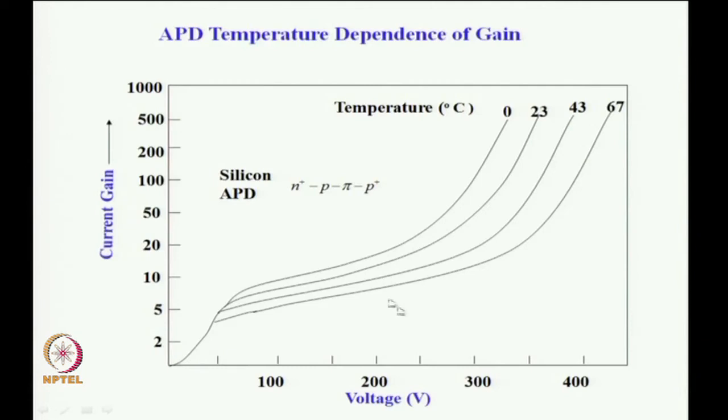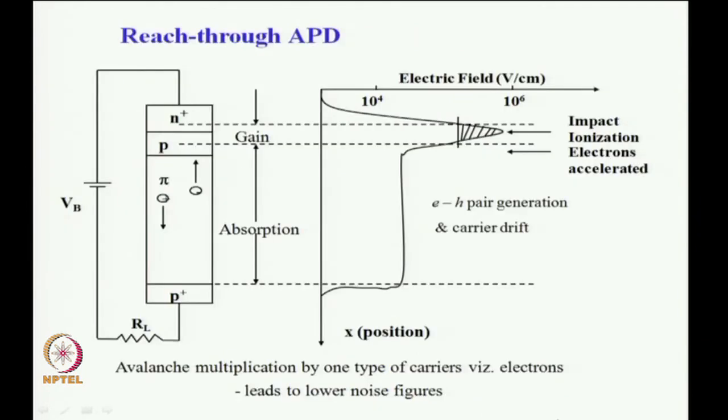Actually, there is a small slope here, sloping down, but it is not shown; it looks almost flat. The important point is that the electric field here is much lower than 10 to the power of 5 volt per centimeter.